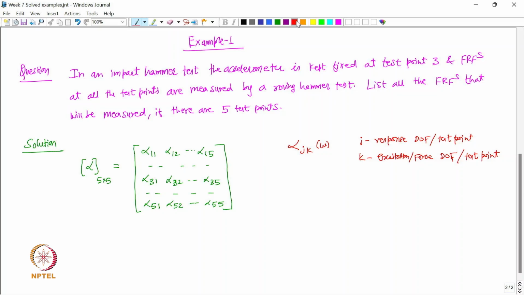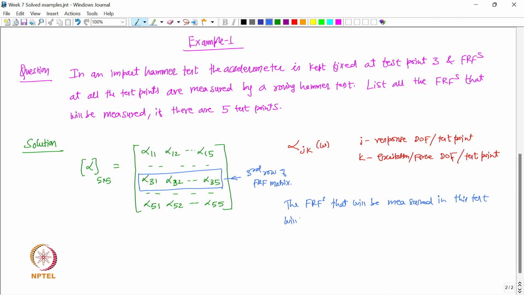Therefore, the FRFs that will be measured in this test will be alpha 3 1, alpha 3 2, alpha 3 3, alpha 3 4 and alpha 3 5.